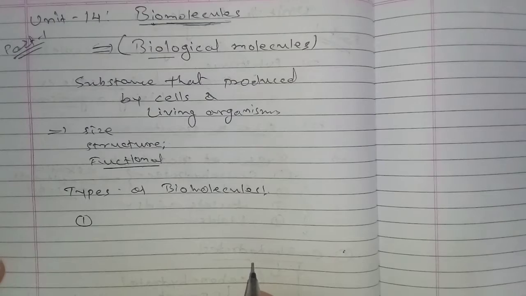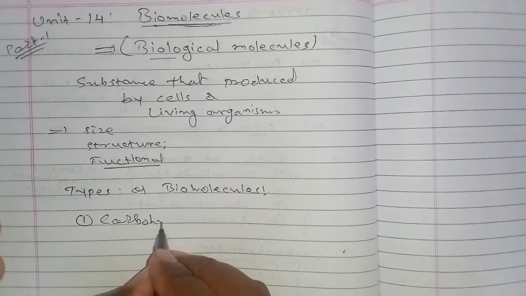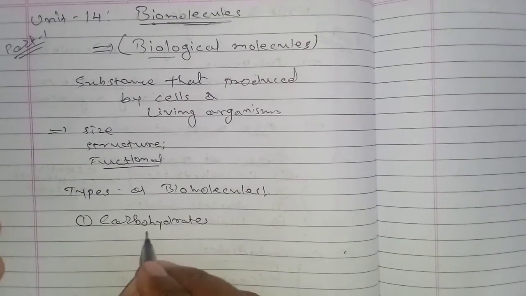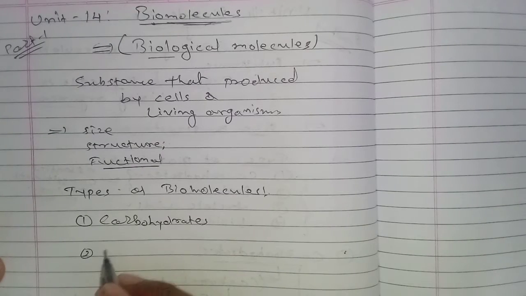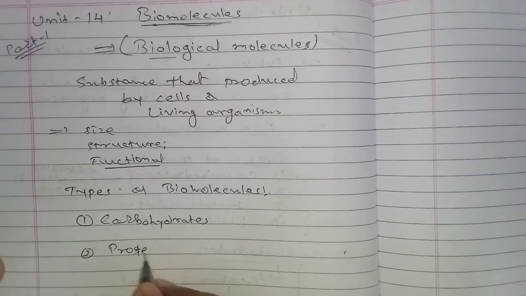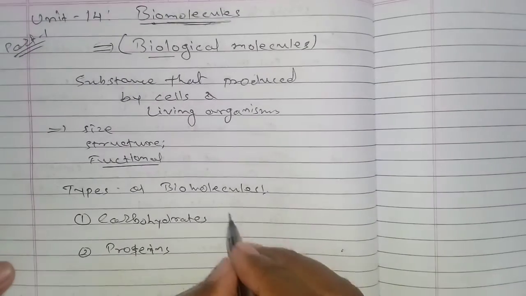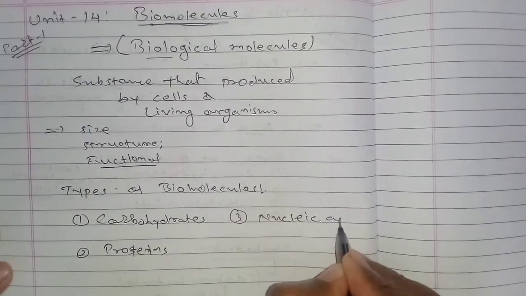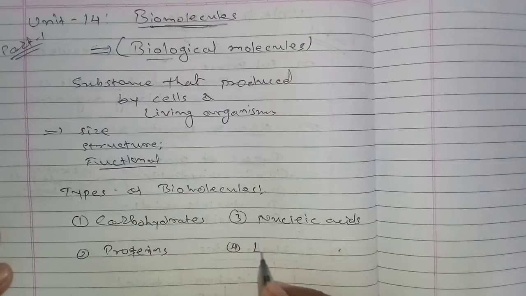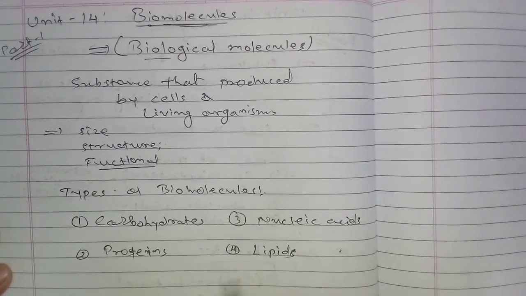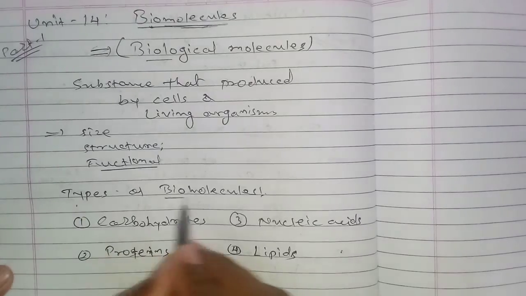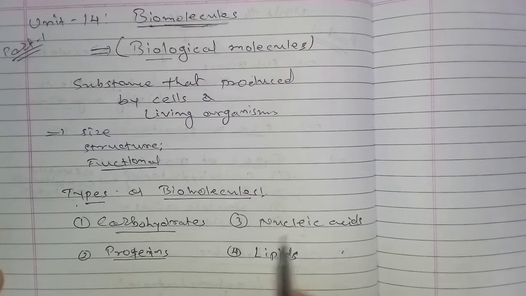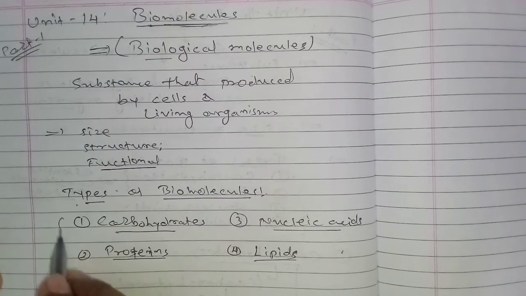Number one is carbohydrates. Number two is protein. Number three is nucleic acids, and number four is lipids.